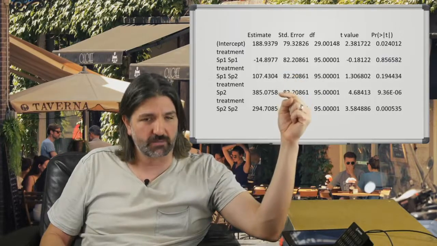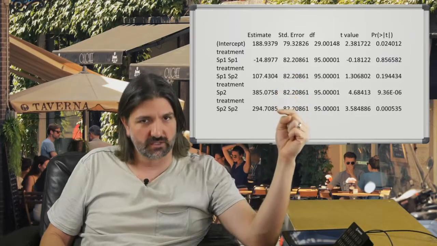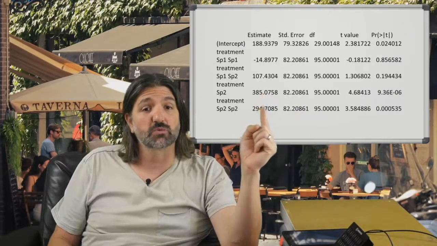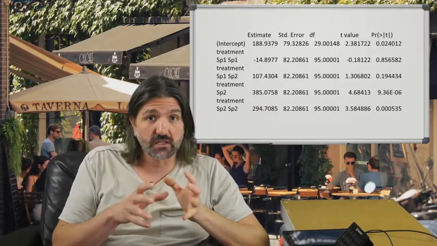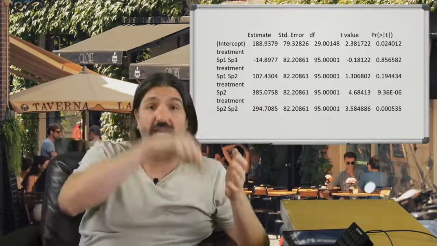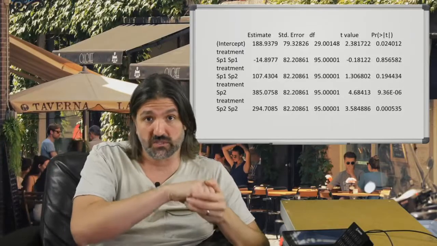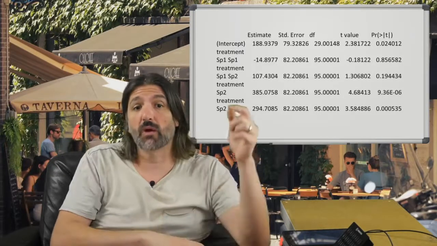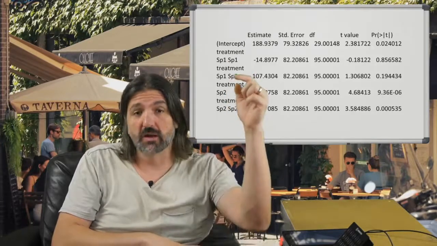And this is compared to species 1 alone. And this to species 1 alone. So the estimate for species 1 here doesn't exist because what the stats is doing is comparing each one of these groups against the growth rate of species 1. All right? So that's why we only have 4 comparisons here.